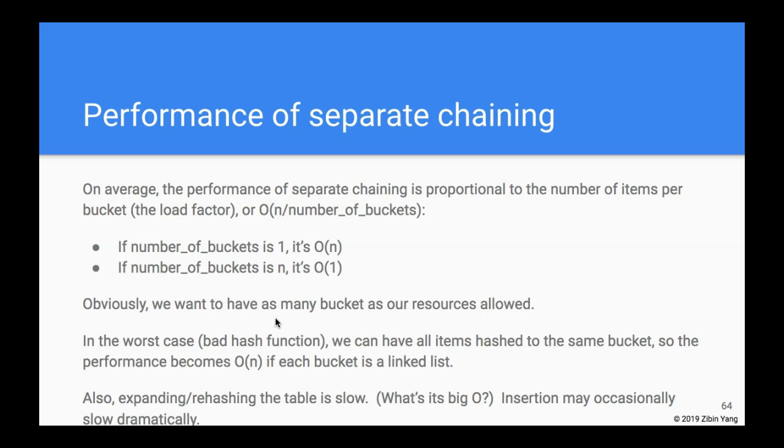Now that's only the average case though. We hope for the average, but in the worst case, such as a bad hash function, as we said before, we can have all the items hash to the same bucket, so the performance is again O of n in the case of a linked list of buckets.